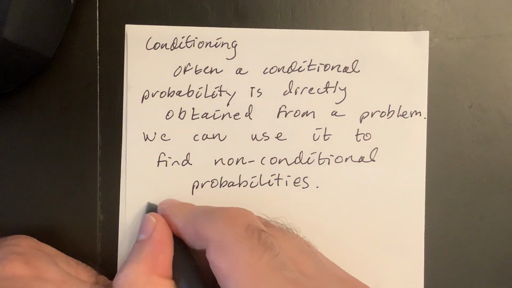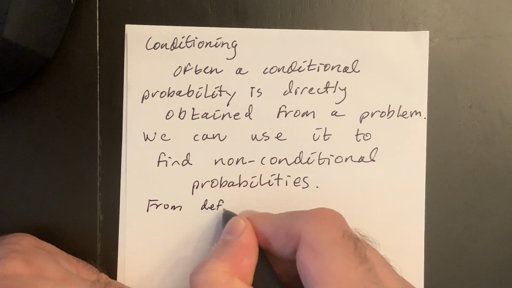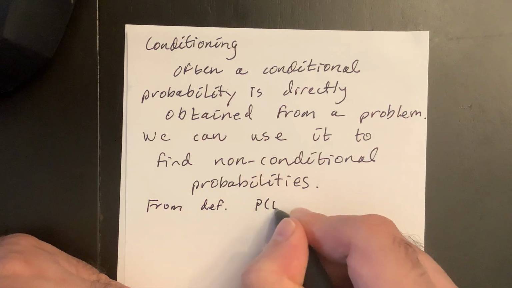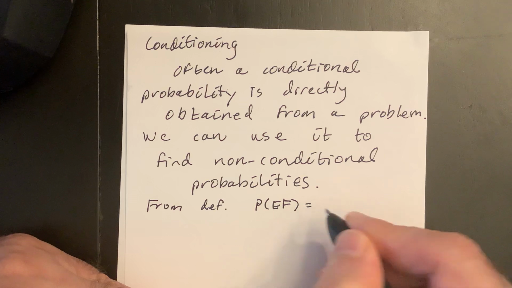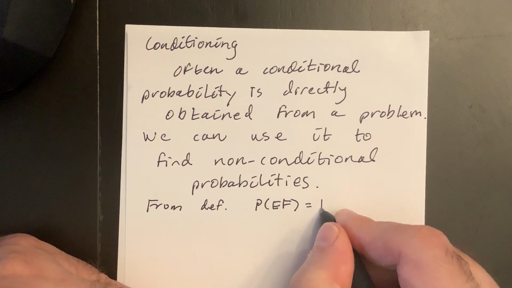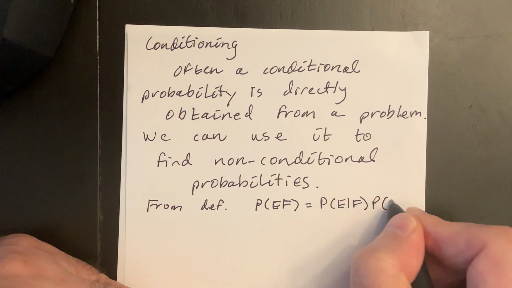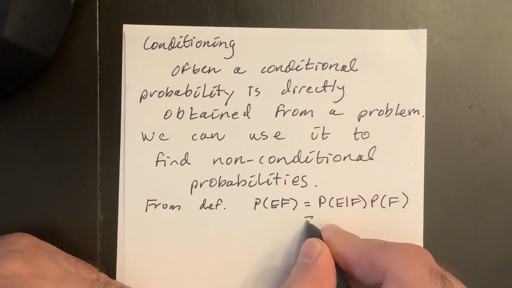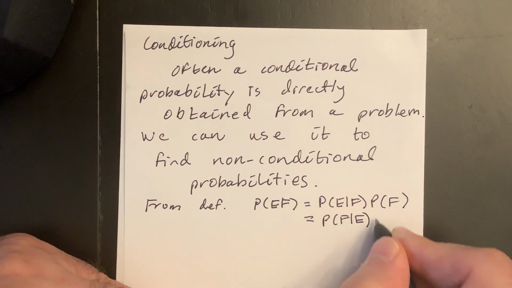So from the definition, we have P(E∩F), say. If I multiplied through by F, this would be P(E given F) P(F). Or I could even do it the other way too. This is P(F given E) P(E).